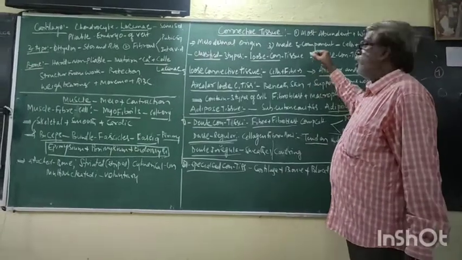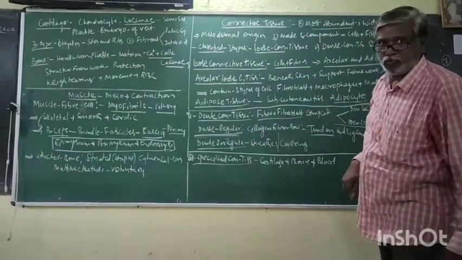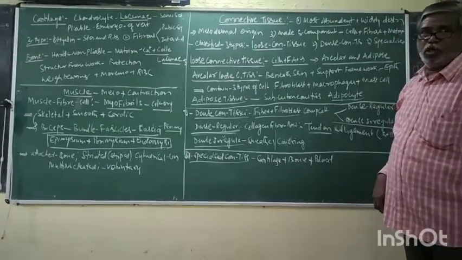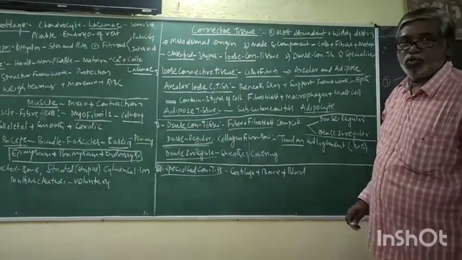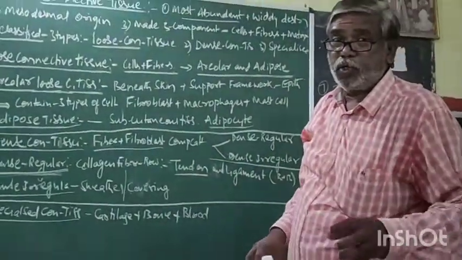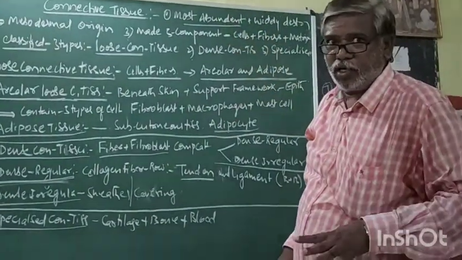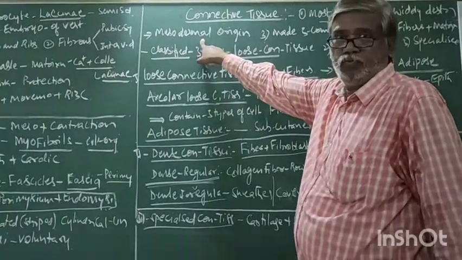It is the most abundant when compared with the others: epithelial, connective, muscular and nervous. Among these four, our body contains more connective tissue. It is widely distributed, not in a particular area of the body. It is of mesodermal origin.